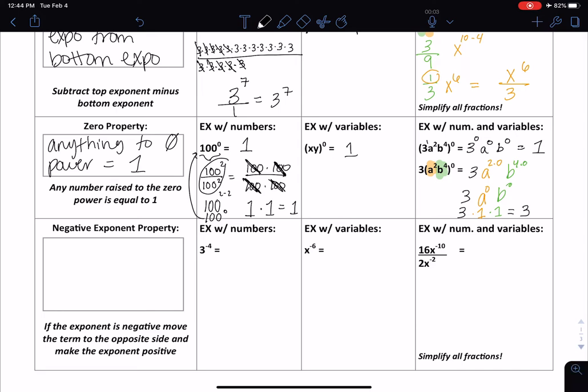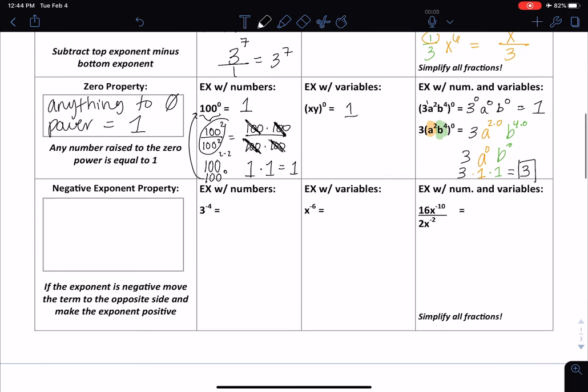Okay, so this one was a little different from this one because on this one above, all 3 terms were inside of the parentheses. So just be careful on the 0 property. Okay, last one is called the negative exponent rule.